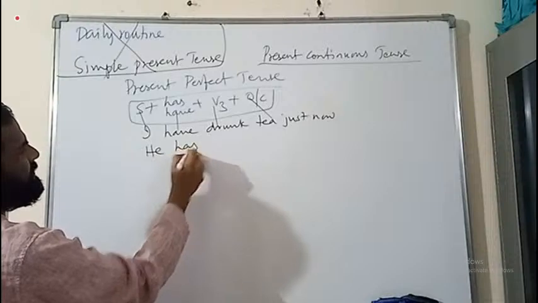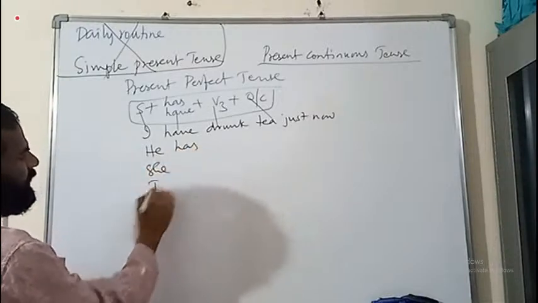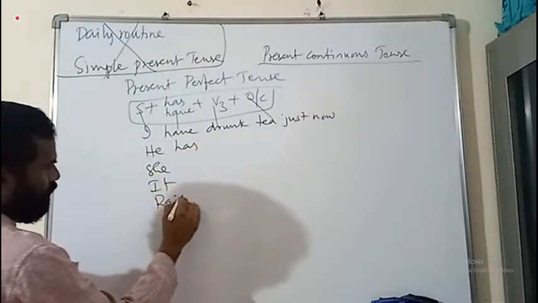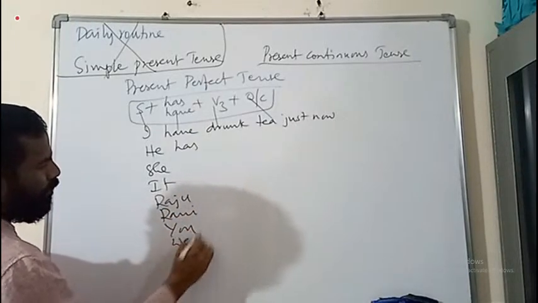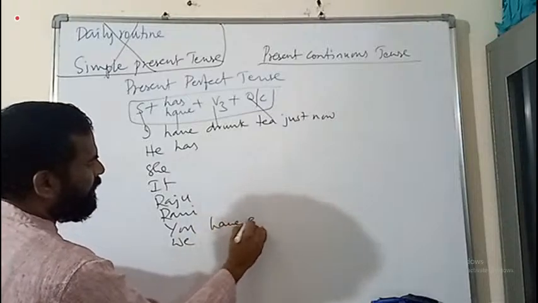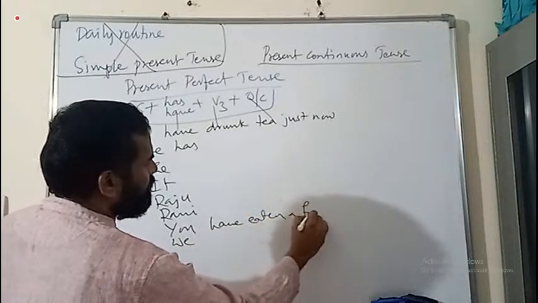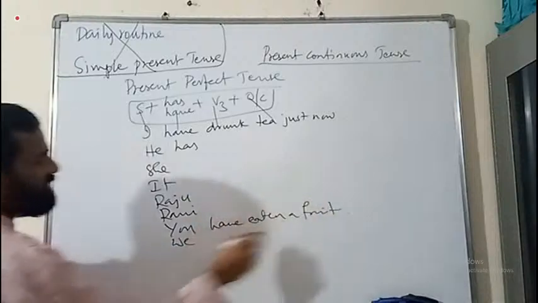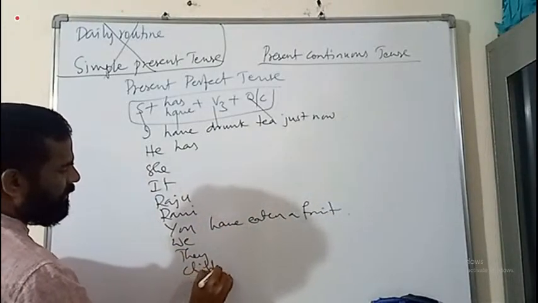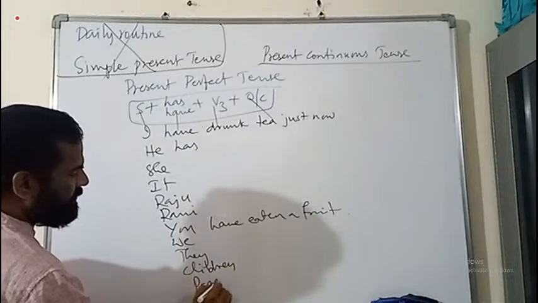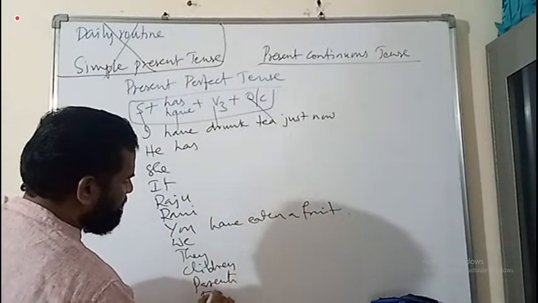He has, she, it, Raju, Rani, you have eaten a fruit. Plural subjects. They, children, parents, friends.